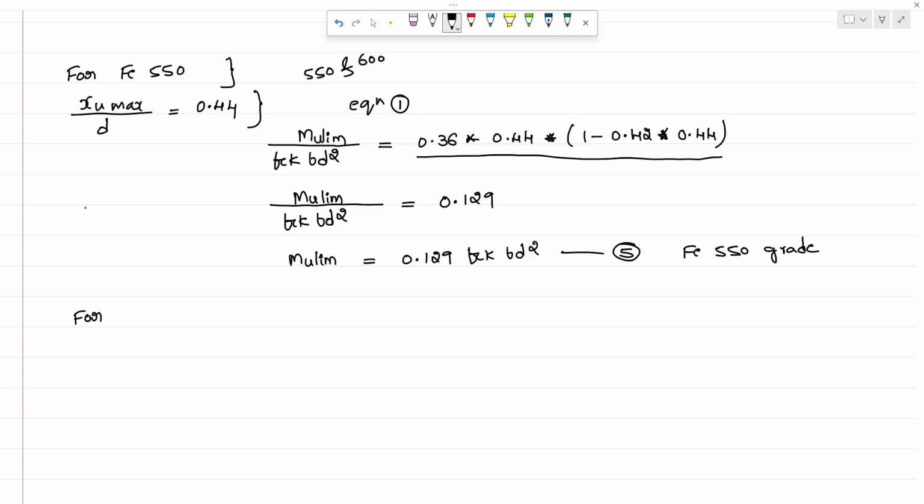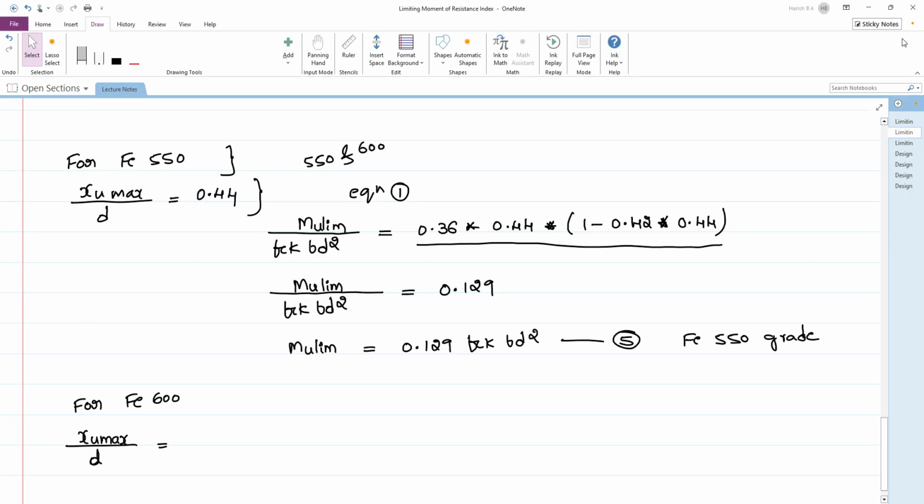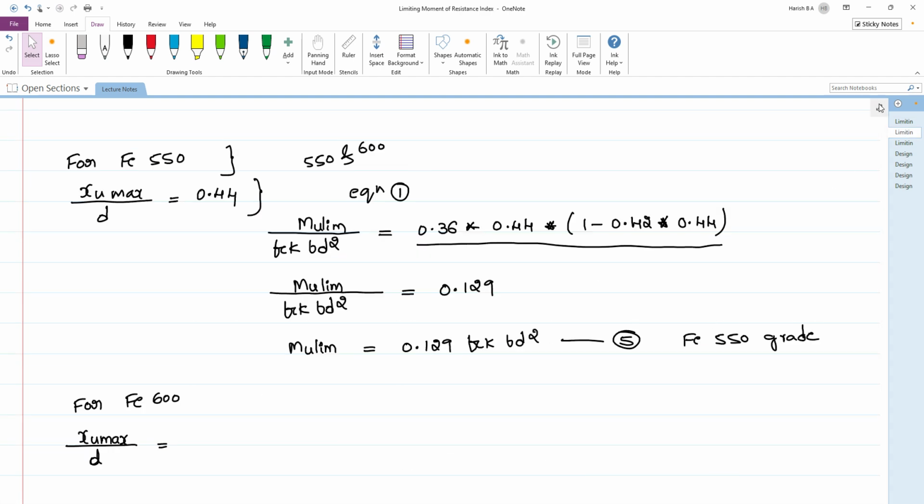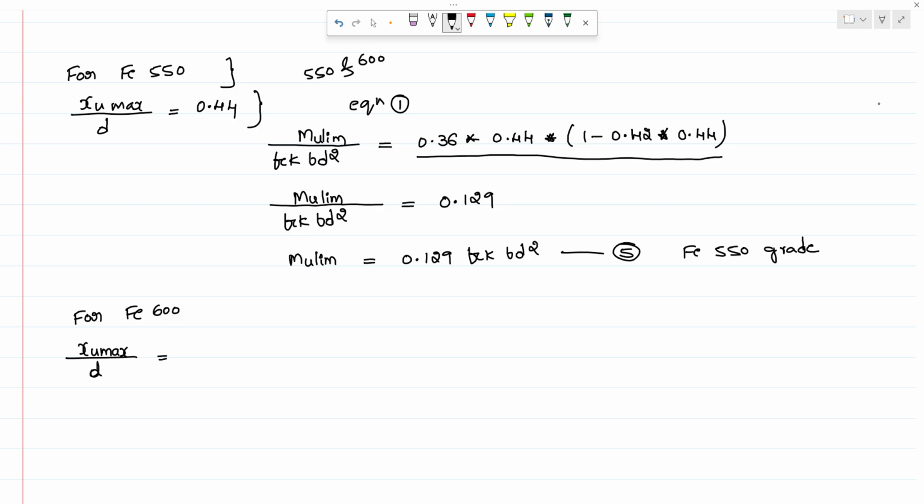So finally, evaluate it for FE 600. So XU max by D value for FE 600 grade, I think it will be, refer to the first lecture. For 600 it is 0.43.